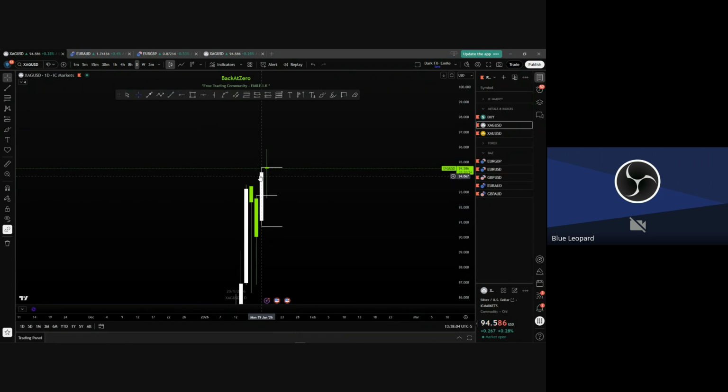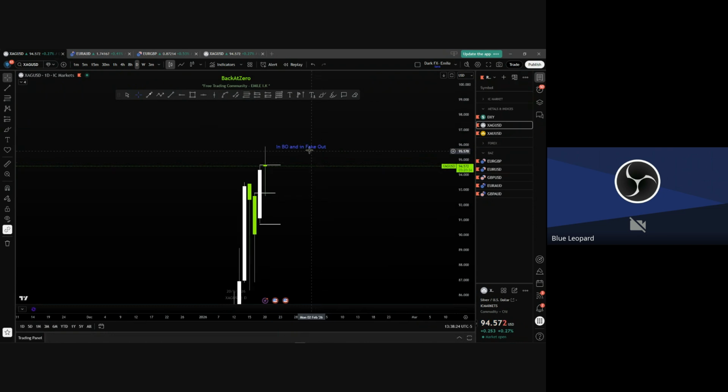We closed in a breakout. There's only two ways to close: in breakout and in fake out. If you keep that in your mind, whatever analysis you're doing, most of the time you'll be right.